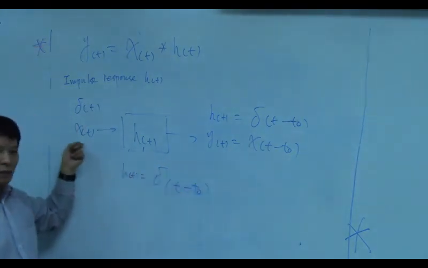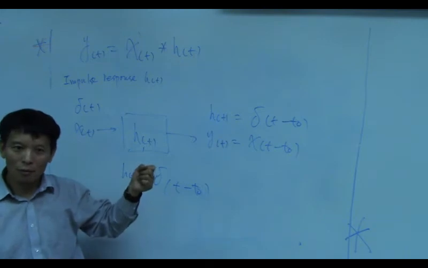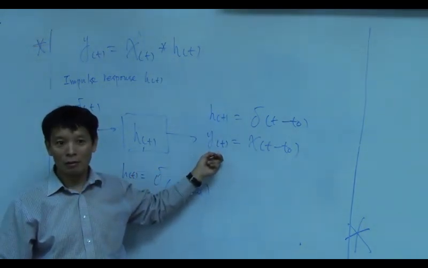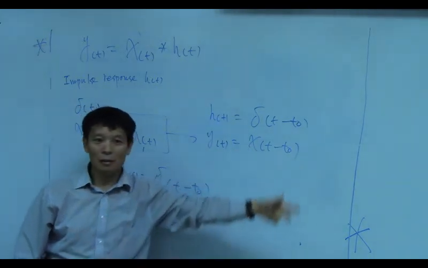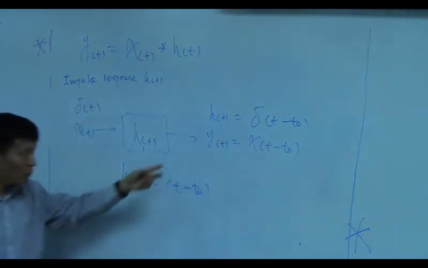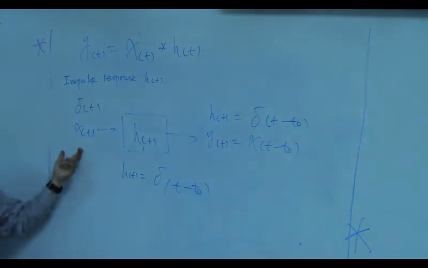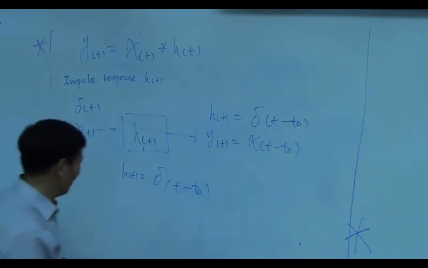That means your x(t) is an impulse. What is your y(t) if x(t) equals impulse? Impulse t minus t0. And that is h(t), because your input is an impulse. Okay. Feel better?